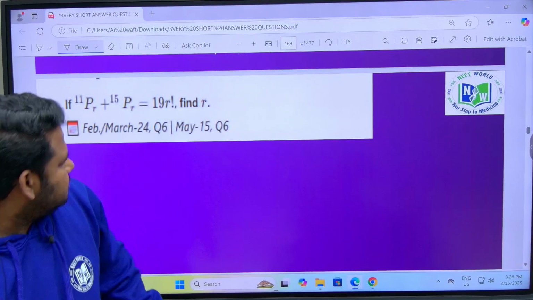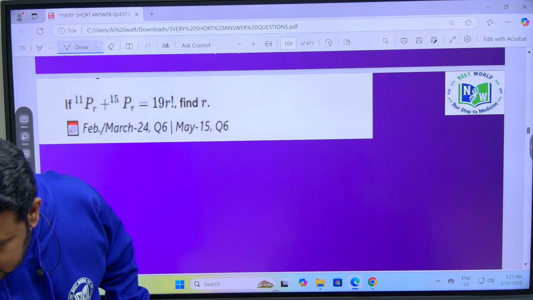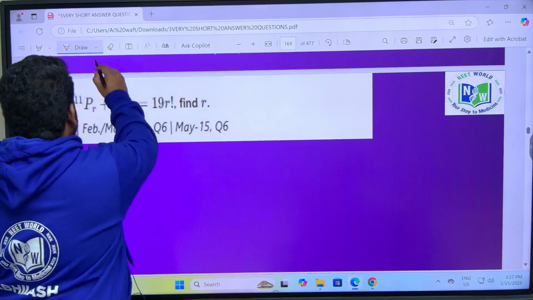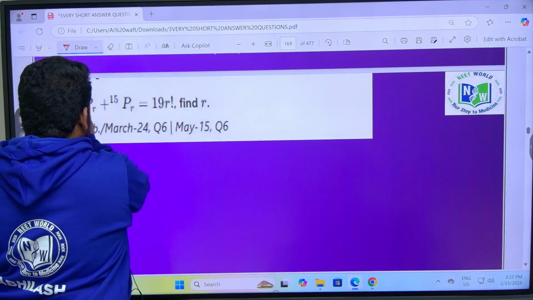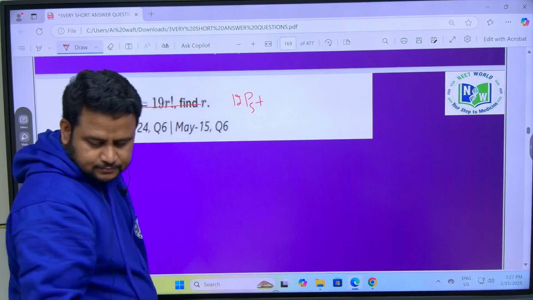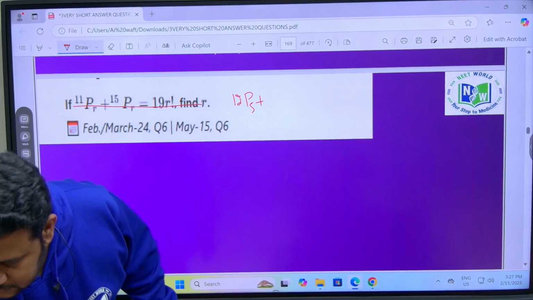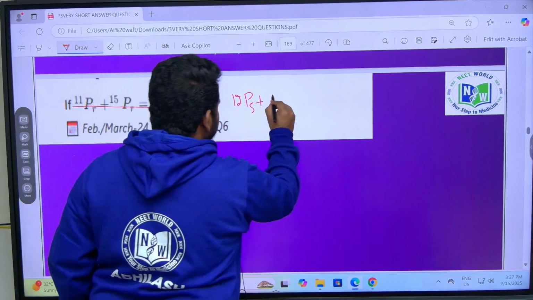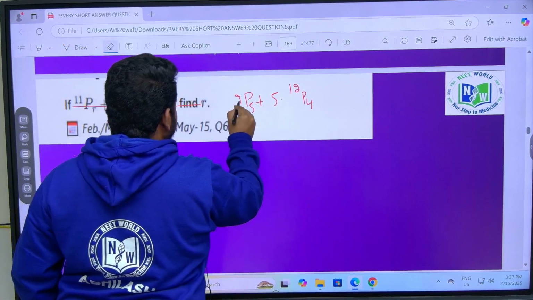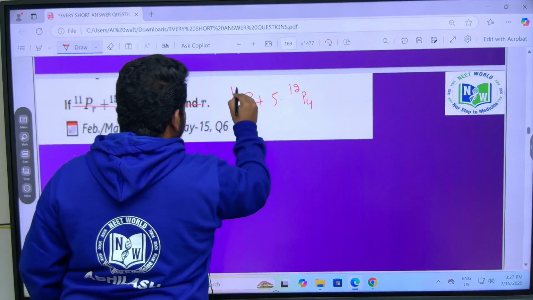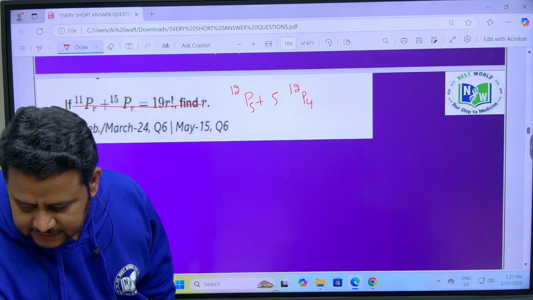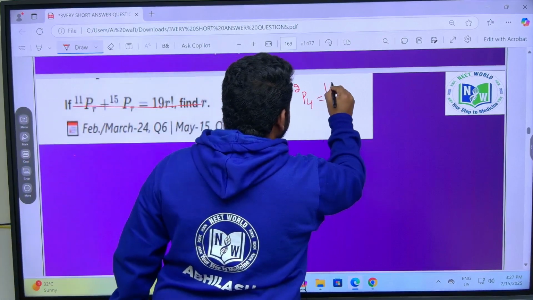Let me rewrite the question. 12P5 plus 5 times 12P4 is equal to 13Pr.